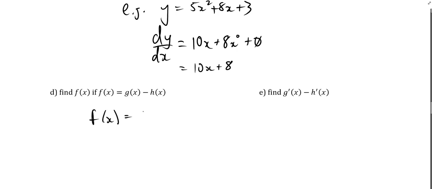So g was 4x squared and h is 2x cubed. And g prime is 8x. And h prime is 6x squared, minus 6x squared, I meant to say.